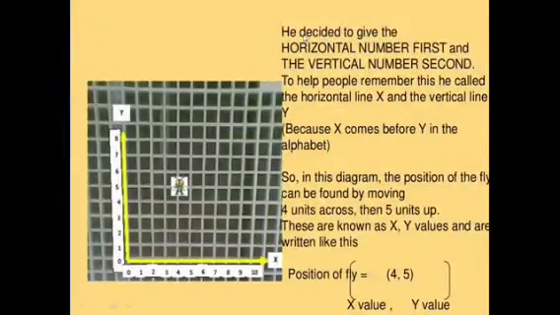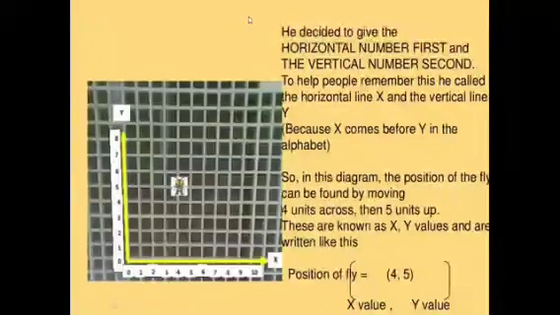To help people remember this, he called the horizontal line X and the vertical line Y, because X comes before Y in the alphabet. So the number associated with the horizontal one has to come first, and the number associated with the vertical line has to come later. Now, in this diagram, the position of the fly can be found by moving 4 units across first and then 5 units up.